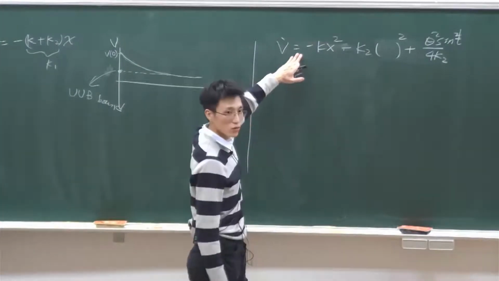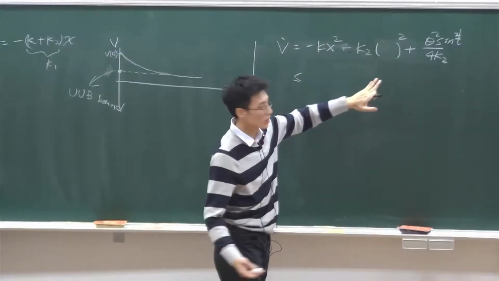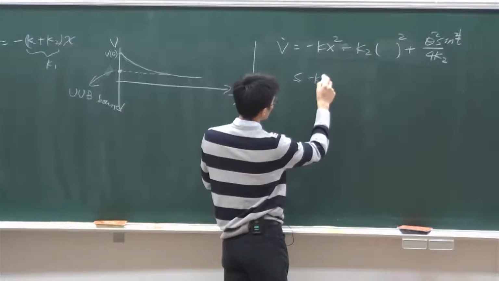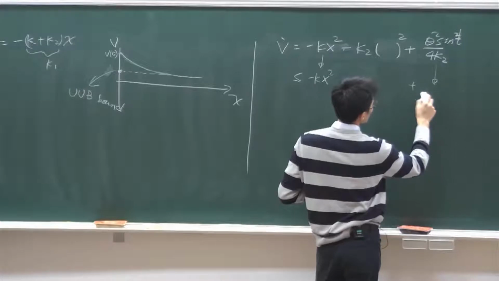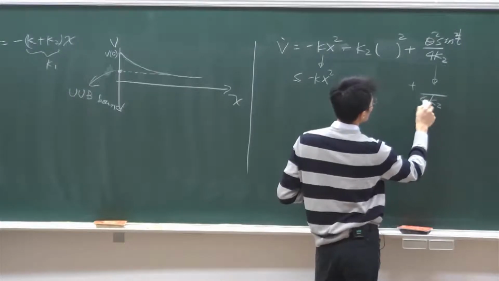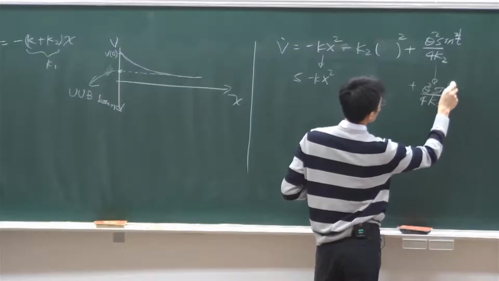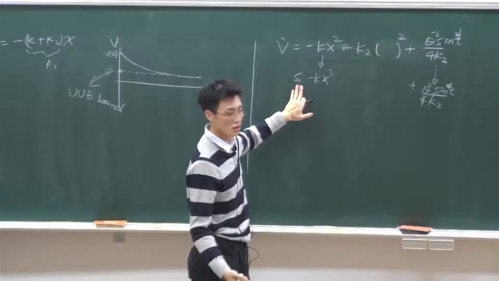So here is the equal sign. We want to upper bound this. Let's do it term by term. This can be upper bounded by or equal to this, and this is the same. So the inequality still holds.